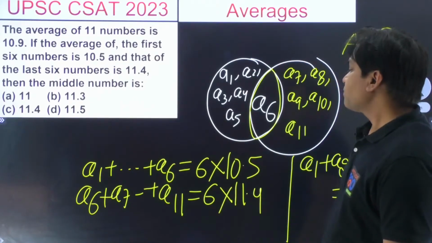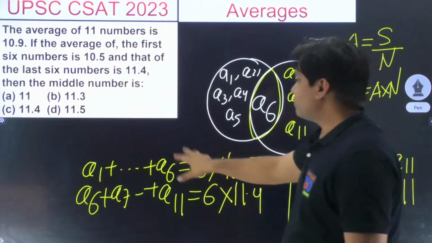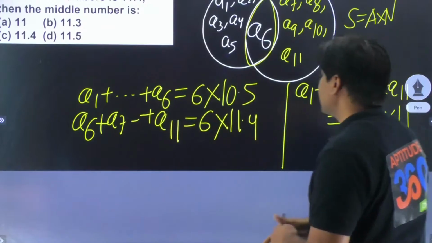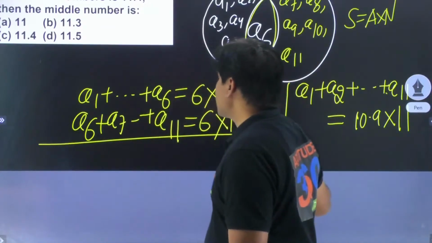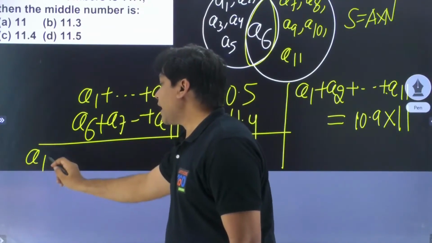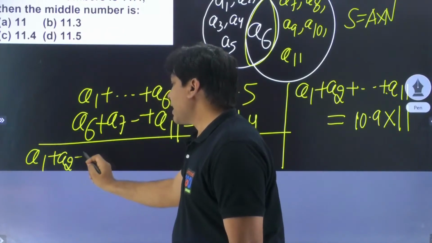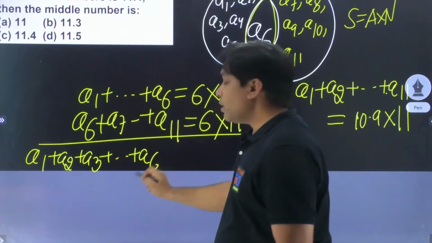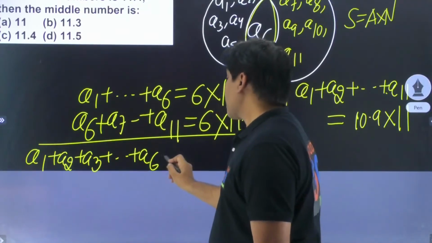Okay then. If I add these two, what is going to happen? Don't you think that we have got A1 plus A2 plus A3, and so on? Just add them up. A6 you will be having 2 times, is it not?